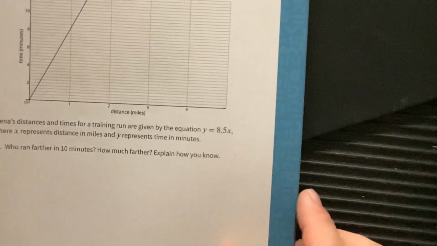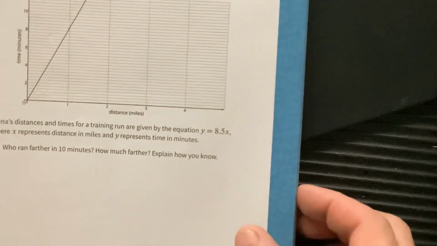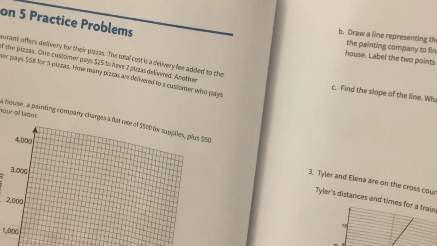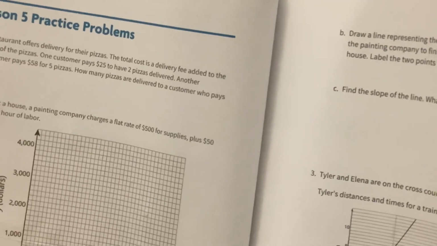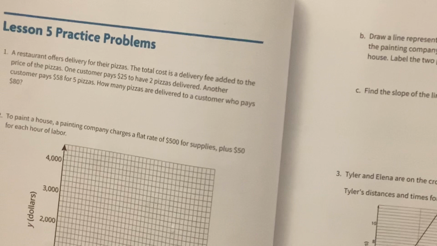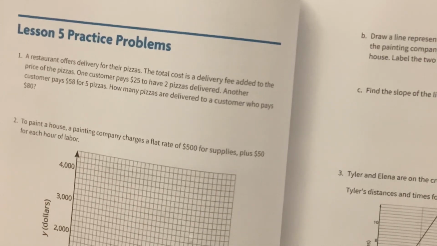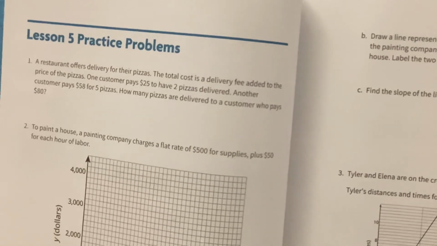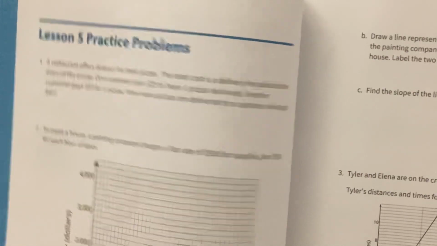All right, take a peek at your homework then, starting on page 50. All right, number 1 is talking about a pizza company. You've got 2 pizza companies in town, or 2 customers. $25 for 2 pizzas.